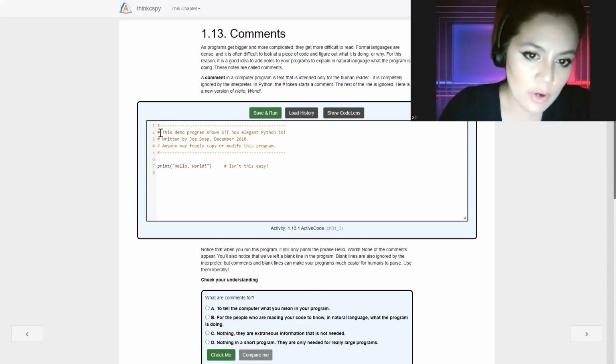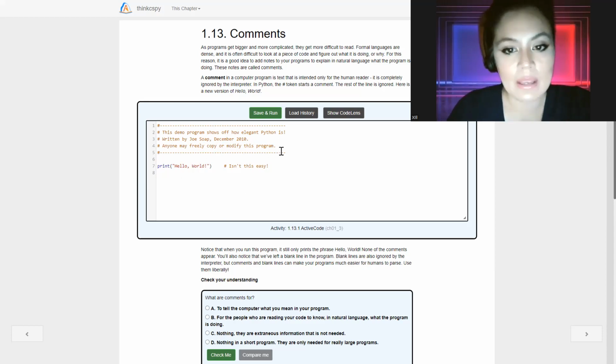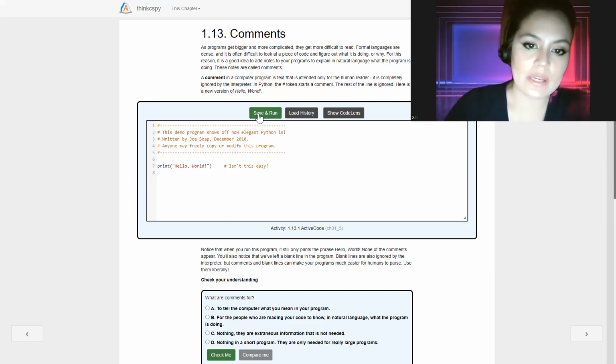Written by Joe Soap, December 2010. Anyone may freely copy or modify this program. And then line 7, we have the print function, followed by a comment: Isn't this easy? That will not show up in the output.